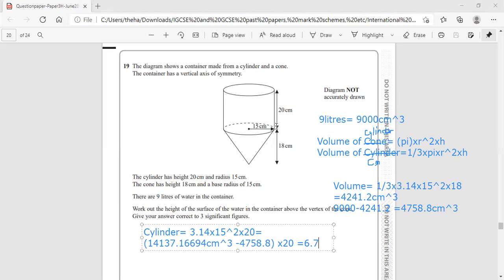So it goes up 6.7, sorry, 6.7, and then we have to add that onto the 18 because it's already past this whole entire thing, which will give us an answer of 24.7 centimeters, and that is how high it goes.